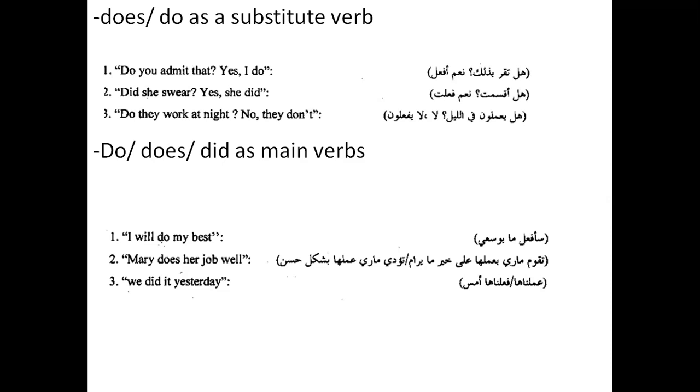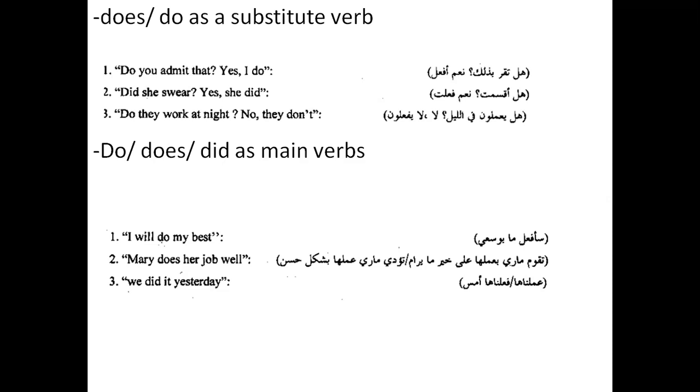Okay. Do, does, did as main verbs. Actually, if they are main verbs, not auxiliaries, we can render them into several verbs. For example, يكتب, سأفعل, يفعل, على ما يرام, and so on. For example, I will do my best, سأفعل ما بوسعي. Or Mary does her job well. تقوم ماري بعملها على خير ما يرام أو على أكمل وجه.